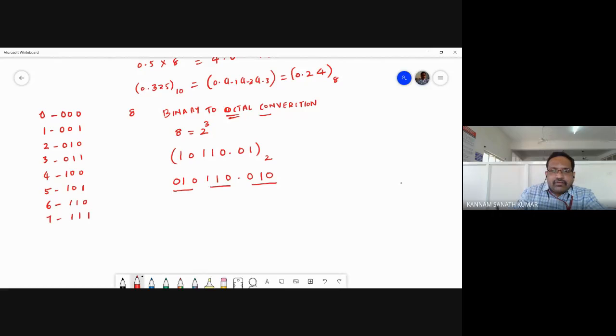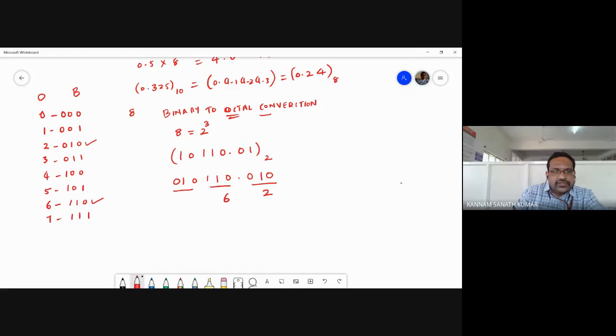Now whatever the binary value is there, you need to convert it into octal. Suppose 010 is there. What is 010 in octal? 010 is 2. 110 is 6.